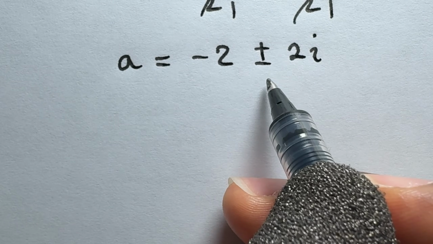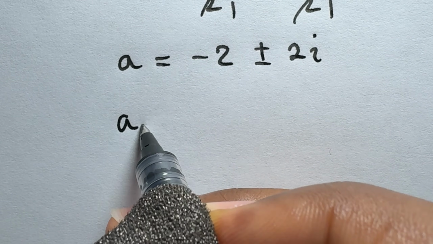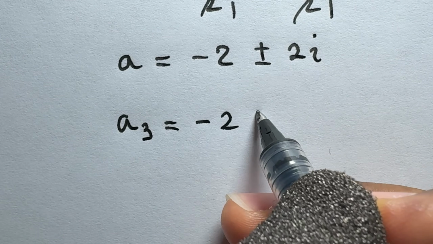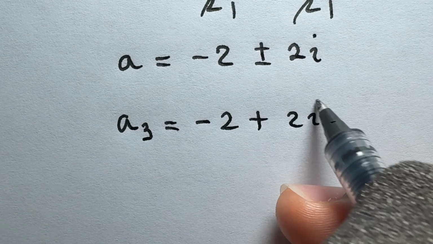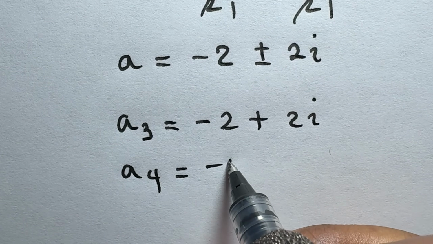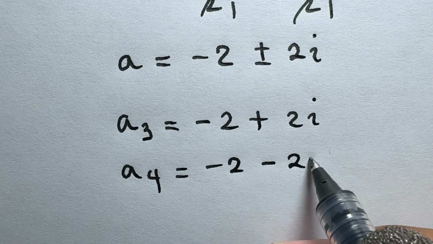So we can split this into a3, since we have a1 and a2 already, negative 2 plus 2i, and a4 will be negative 2 minus 2i.